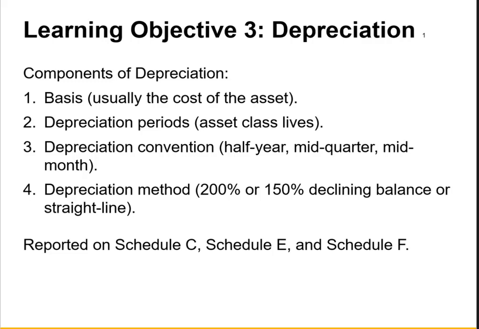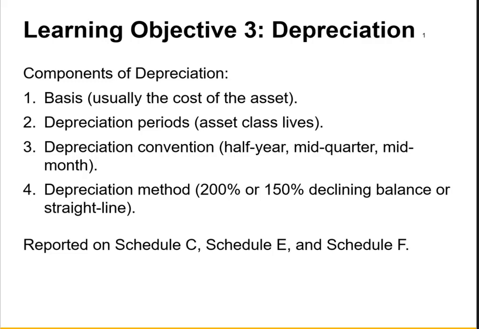And then the method. How do you calculate the depreciation? For the most part, we're not going to worry about formulas for calculating depreciation like we did in our other accounting classes. We're going to let the IRS do it for us and show us in what we call depreciation tables.